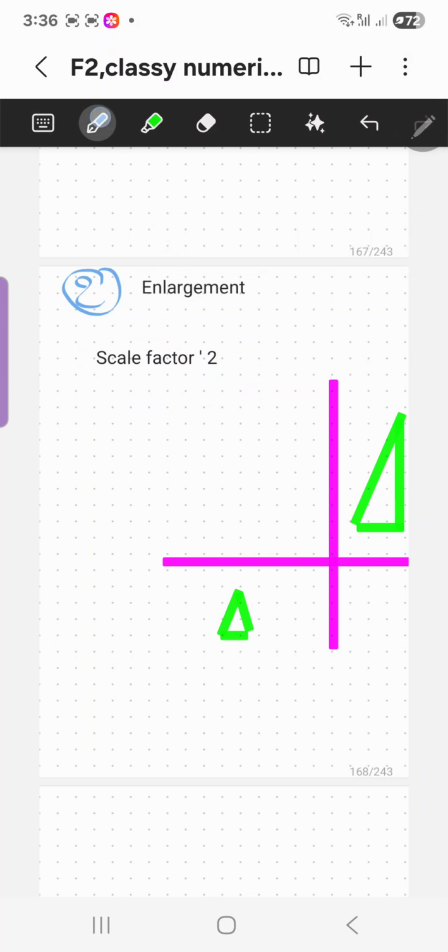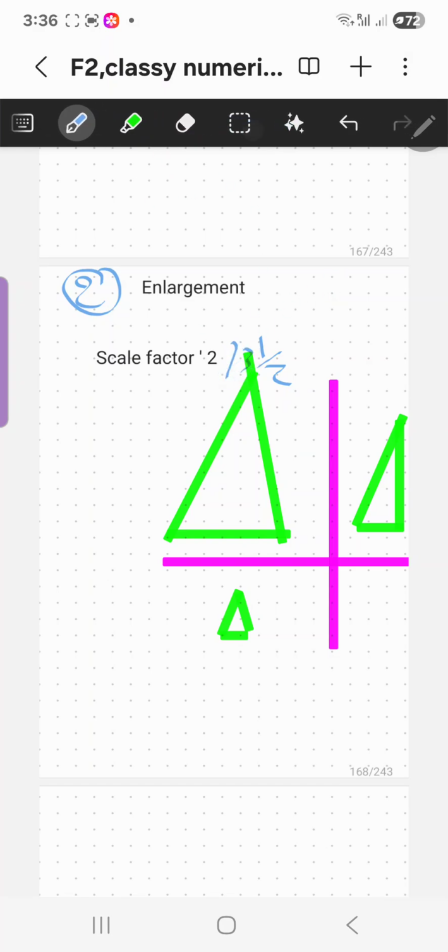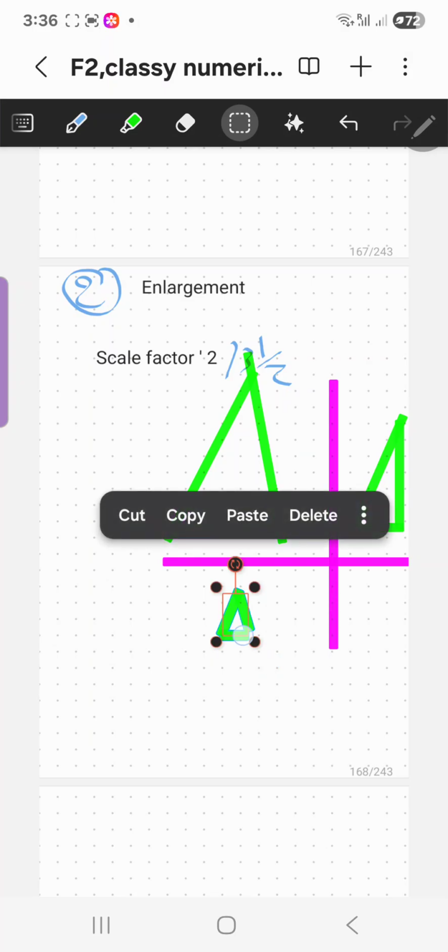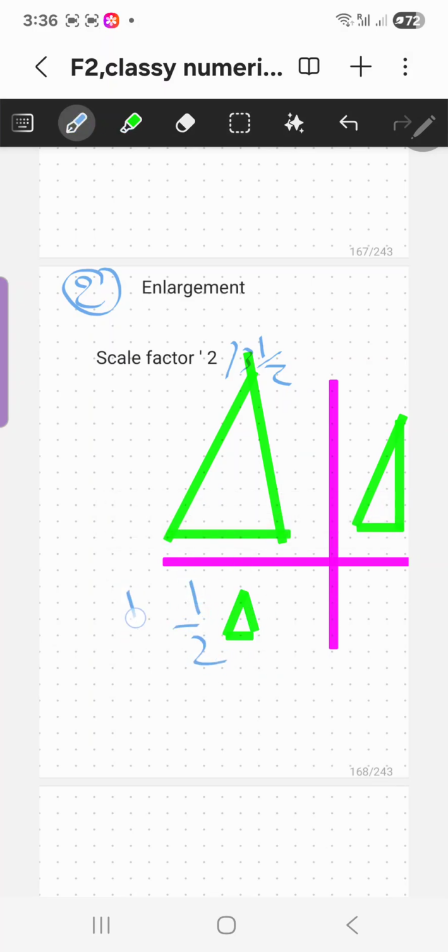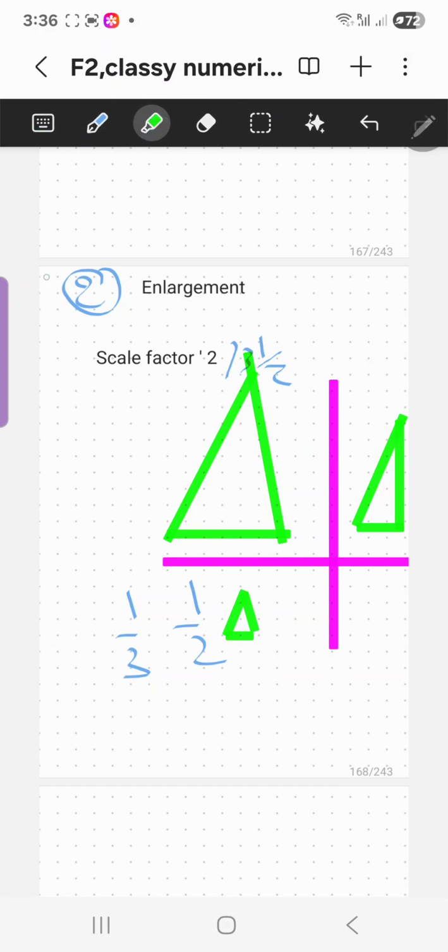If the size increases, it is a whole number, so it may be 2, maybe 3, whatever it is. If the shape decreased, it becomes half or a third or whatever. So number one, we take the first mark for the enlargement. The second mark for the scale factor.